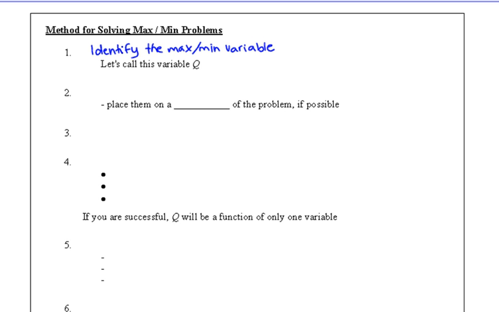Then after that, this is a very powerful step, which you should be doing anyways. Identify all other variables. Place them on a diagram, if possible. Because if q is the variable I'm trying to maximize, I want to make an equation with q in it.